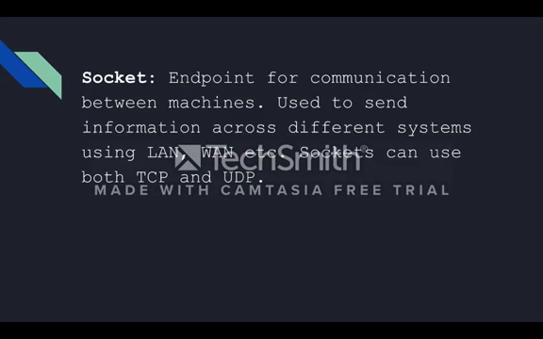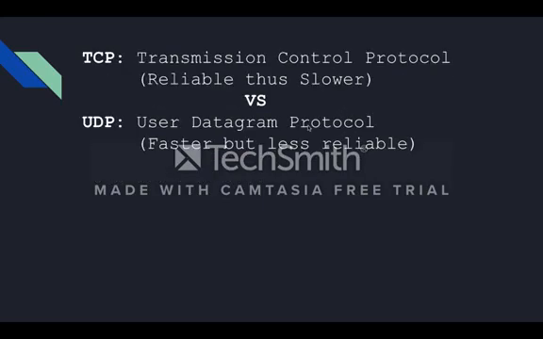Sockets can use both TCP and UDP. So what do they actually mean? TCP is Transmission Control Protocol. This is the protocol you use when you want reliable network connections, but it has a drawback. It's slower because it waits for an acknowledgement, and the data loss is very low.